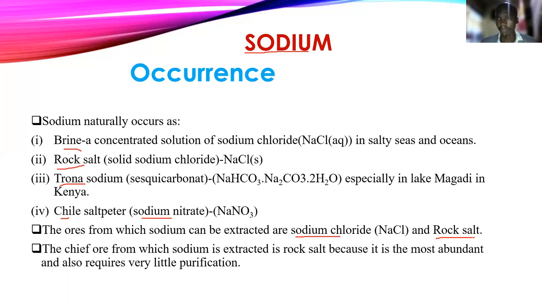But the chief ore is rock salt. The chief ore from which sodium is extracted is rock salt because it is the most abundant and also requires very little purification. You can be asked to explain why sodium is preferably extracted from rock salt.